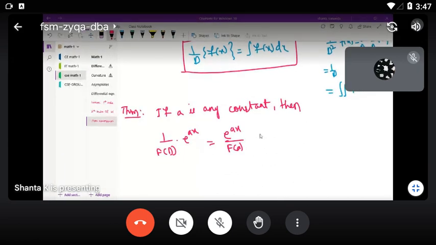And here the only thing we will make sure is that f(a) is not equal to 0, so that it will be well defined. Okay. So this is the thing.